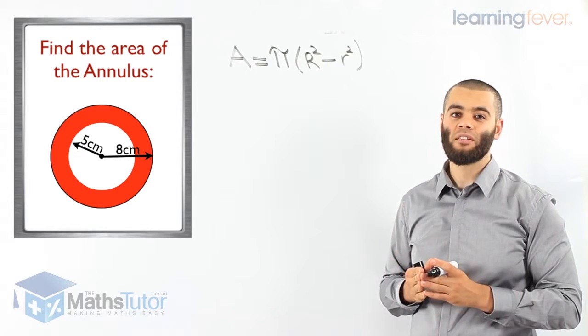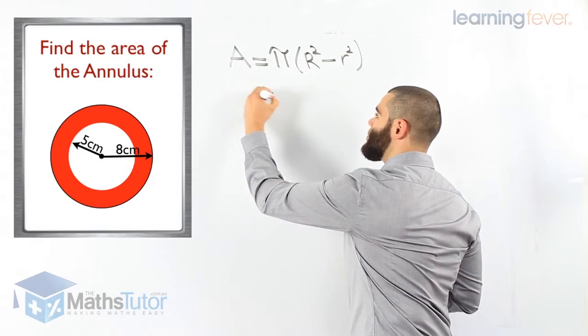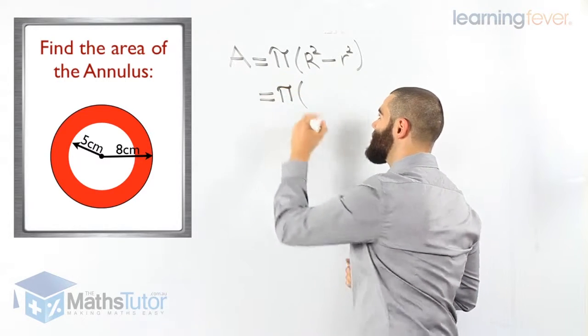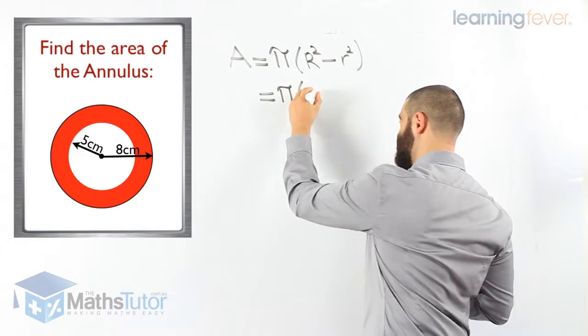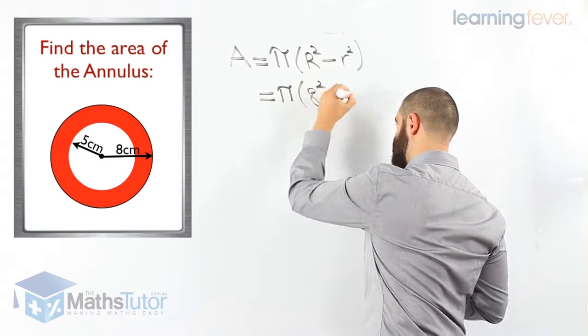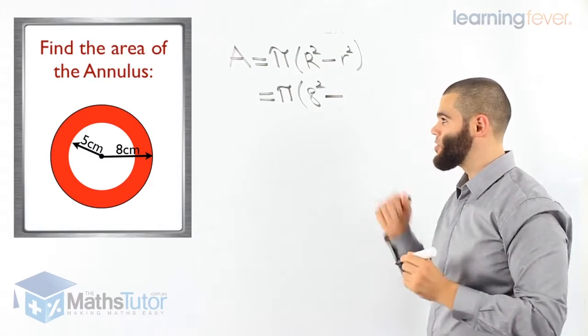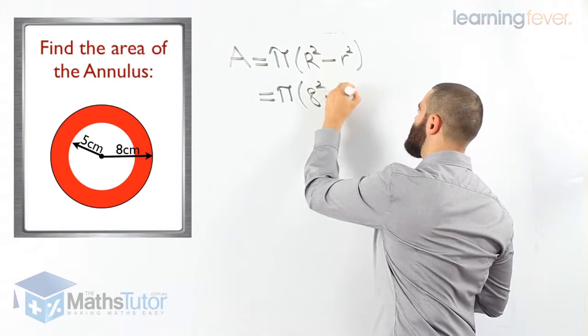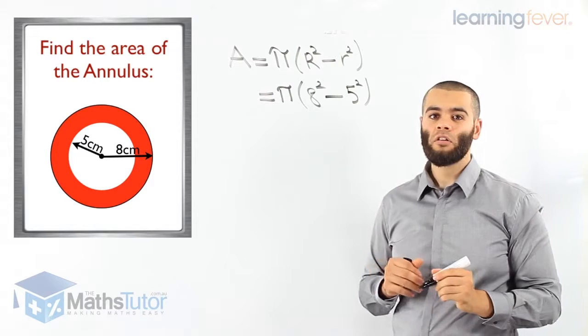Which one do you think it's going to be? Well, of course, it's going to be pi. The capital R is going to be the large circle, the large radii, which is 8 squared. Take away the little radii, which is the 5 squared, which is the radius for the small circle.